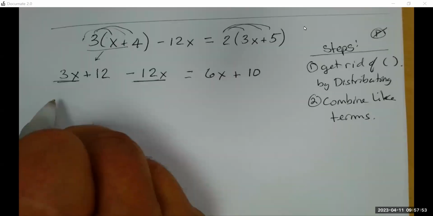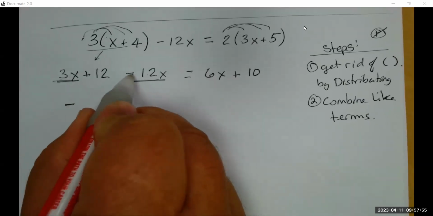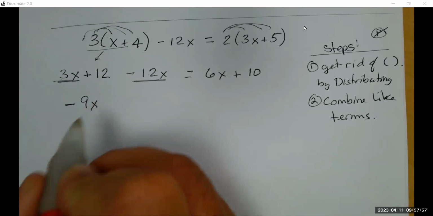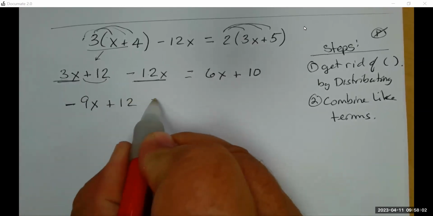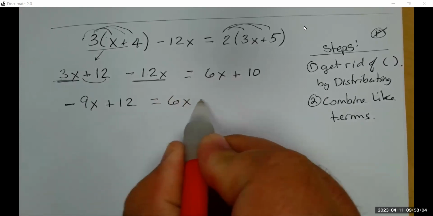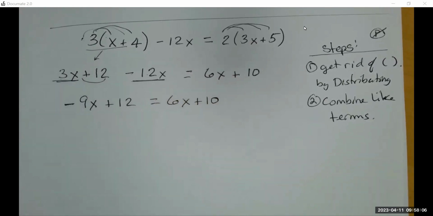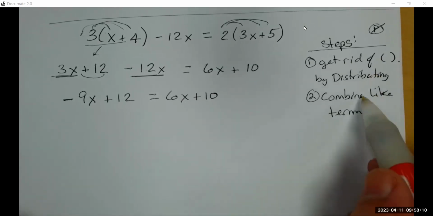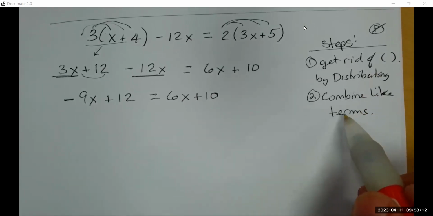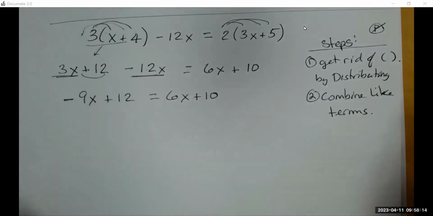Yes, since 12 is bigger, the answer is negative. 12 minus 3 is 9. -9x plus 12 equals 6x plus 10. So we got rid of the parentheses. We combined like terms. Now we see we have x's on both sides.